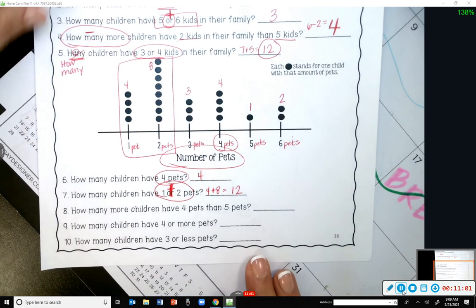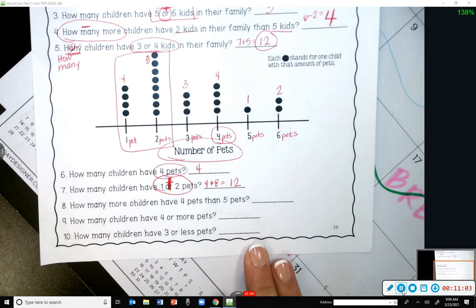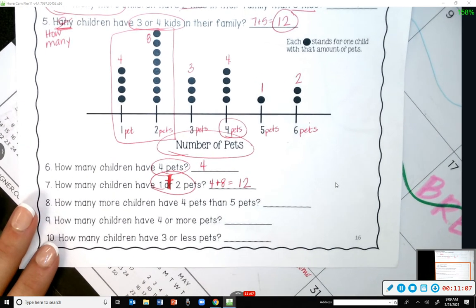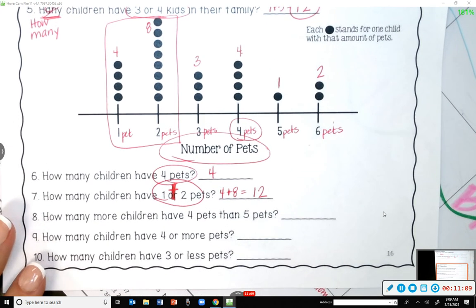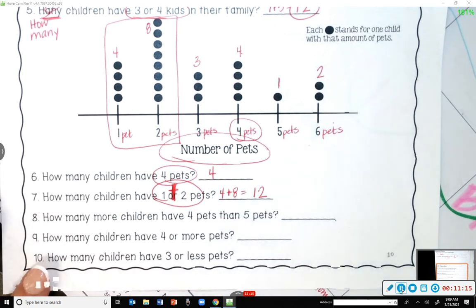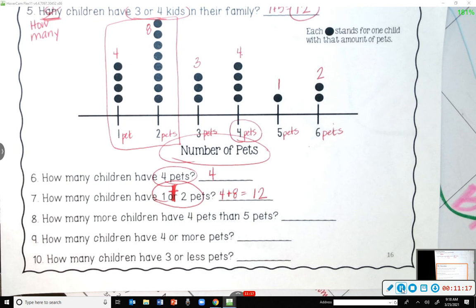Okay, now I'm going to let you guys try 8, 9, and 10 real quick, and I'm going to walk around the room and see if we're getting the hang of this, okay? And then we'll check when we're done in about 2 minutes. Okay, let's check number 8. Number 8, how many more children have 4 pets than 5 pets?